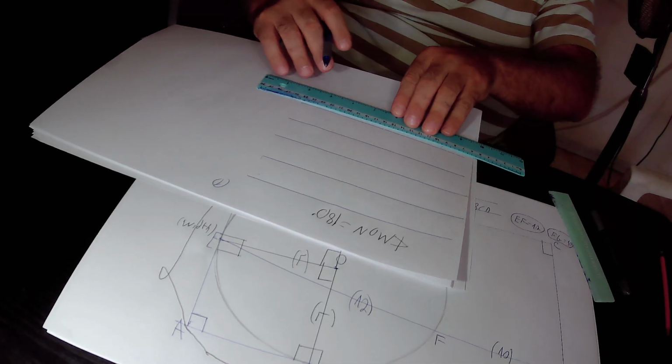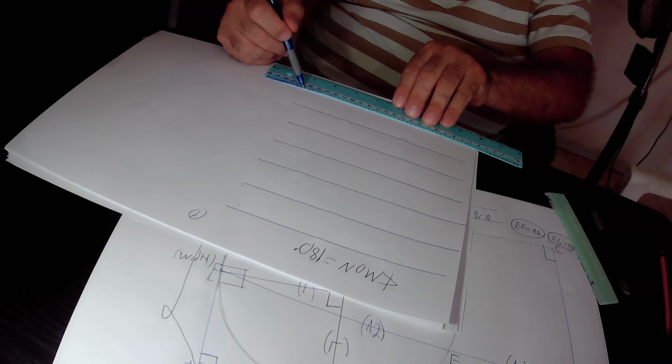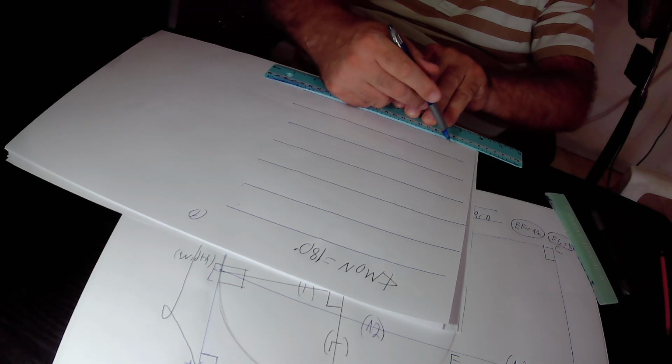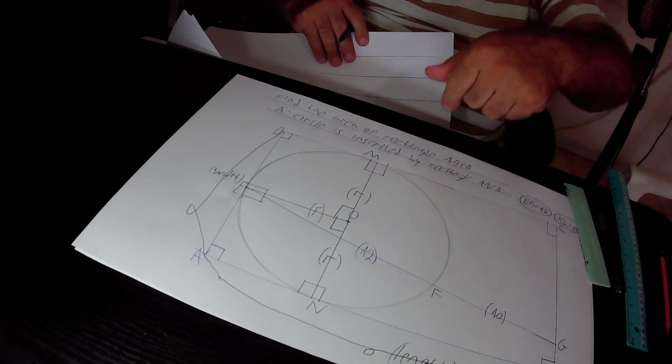And you know that any angle that is equal to 180 degrees in its size is defined as a straight line. Therefore, line MON is a straight line.